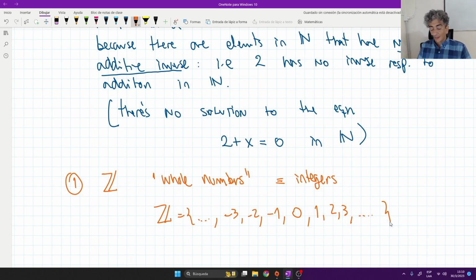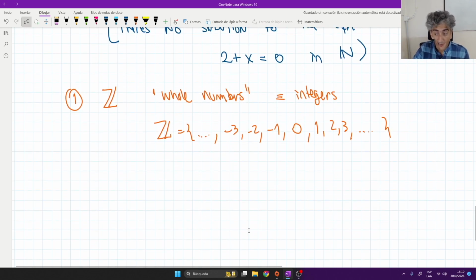So now we have fixed this problem of not having inverses, because now each number has an additive inverse. Say 3 plus -3 is actually 0, and this happens for every number here.